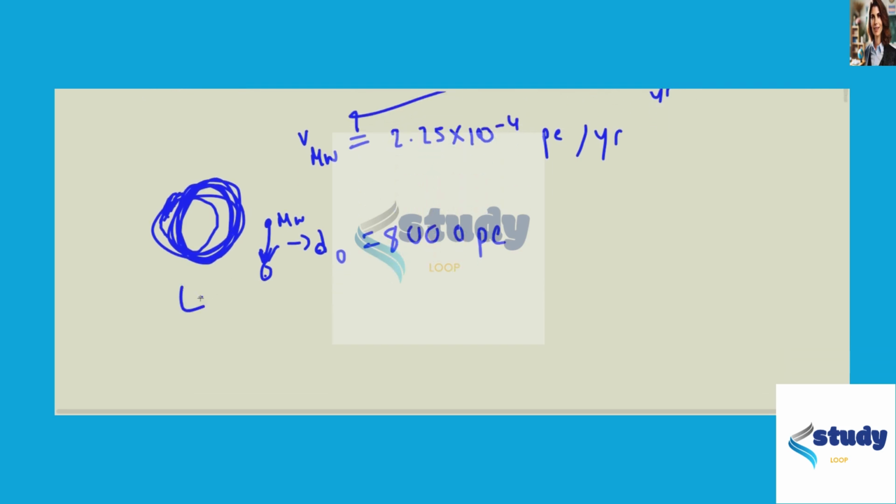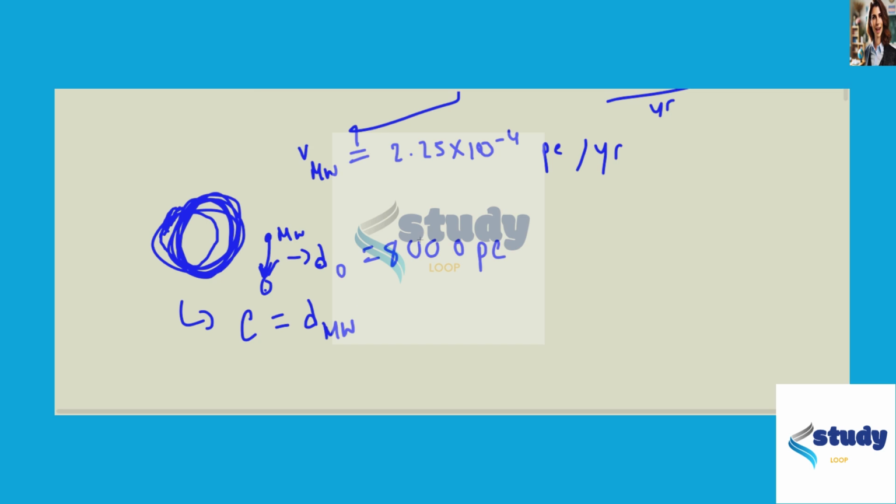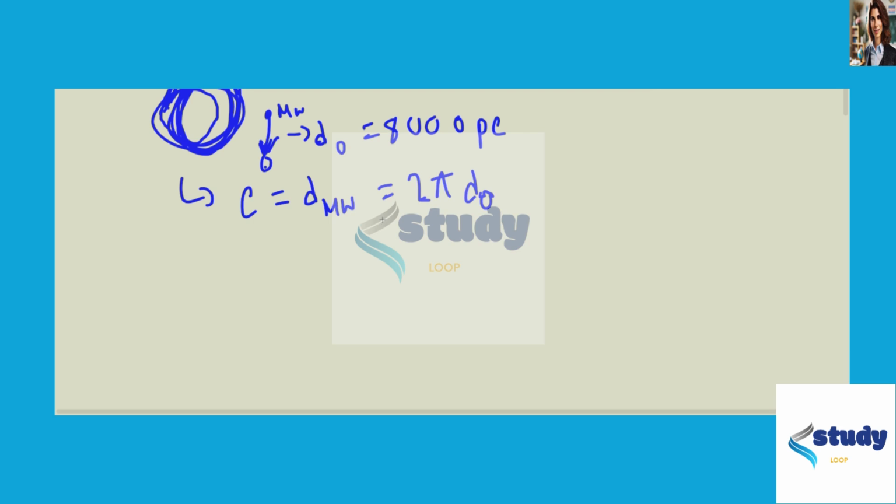Therefore, the circumference, and this we're going to call dmw, meaning the distance traveled within the Milky Way in one orbital period of the sun, is just equal to 2 pi times this d naught, right? 2 pi times radius is the circumference of a circle.